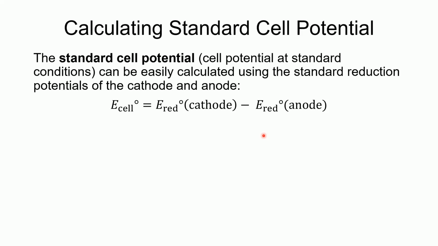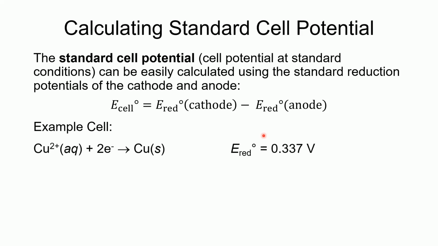So let me show you an example. Here we've got copper 2 going to copper metal, and zinc going to zinc 2. This is that very first reaction that I showed you when we started the chapter on voltaic cells. So zinc reacts with copper 2 ion to give us copper metal plus zinc ion.